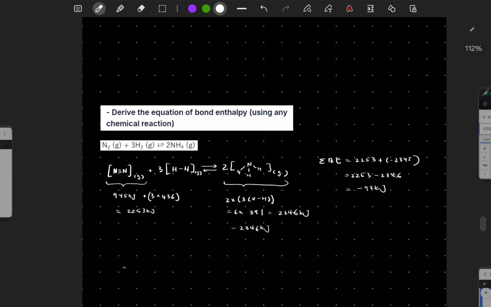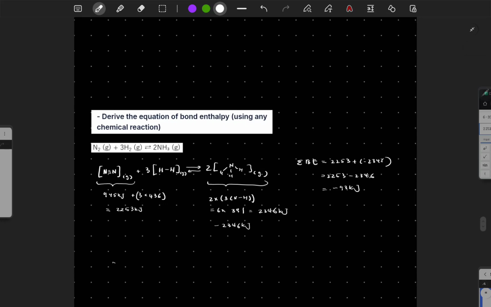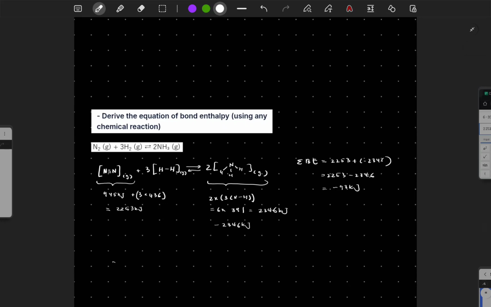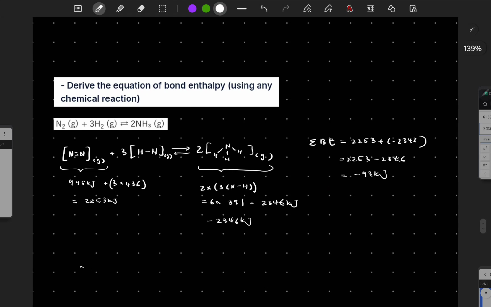So this is showing that the forward reaction is exothermic. This is negative, yes.